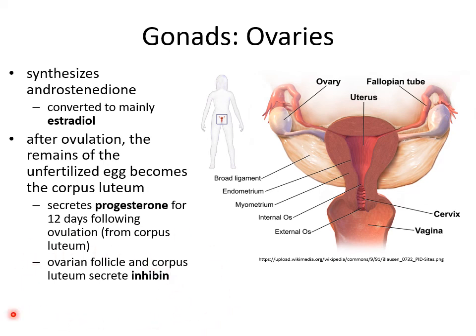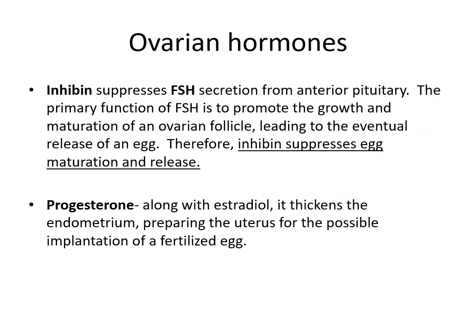The ovarian follicle and corpus luteum also secrete inhibin, and the purpose of the inhibin is to prevent multiple ovulations. So inhibin suppresses follicle stimulating hormone secretion from the anterior pituitary.